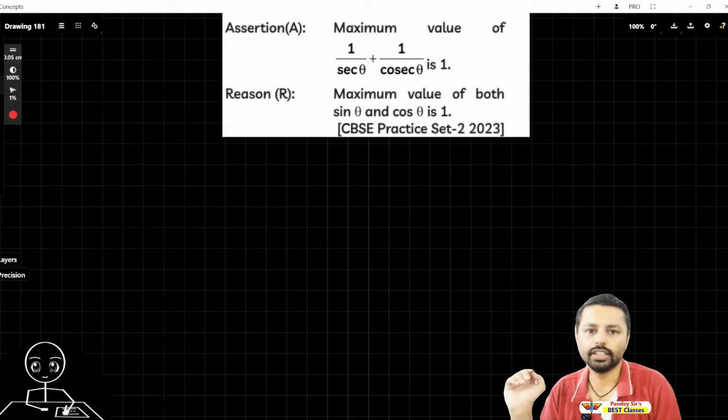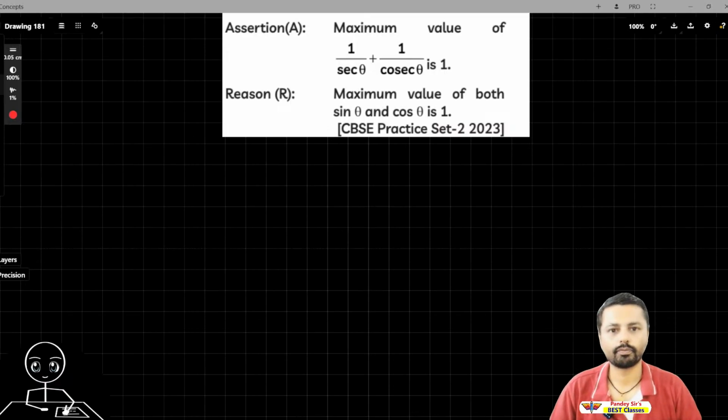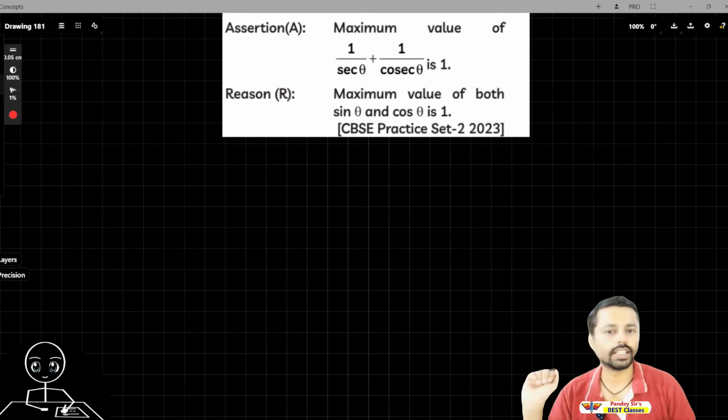See, over here, 1 by sec theta plus 1 by cosec theta is one, they have given. Okay, if we add them, 1 by sec theta plus 1 by cosec theta is one, they have given.